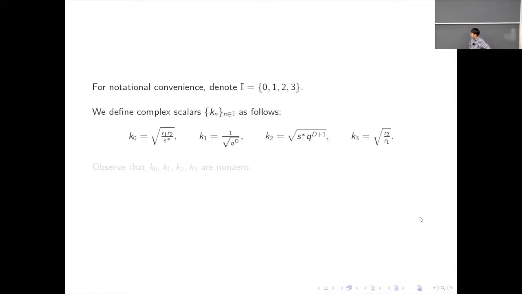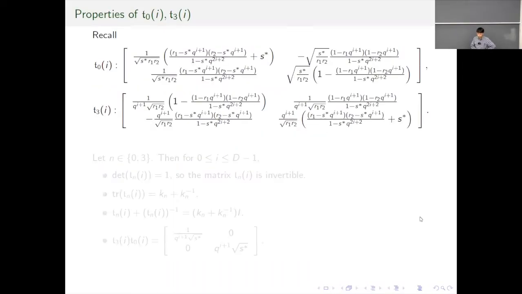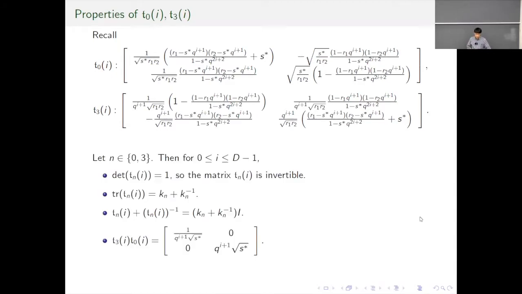Further, we define the scalars K naught, K1, K2, and K3. It's easy to see that each Ki is non-zero. With these scalars, we give some properties of T naught I and T3I. We recall these 2 by 2 matrices. Then for I from 0 to D minus 1, the determinant of each 2 by 2 matrix is 1.